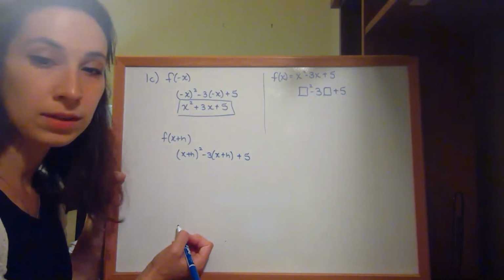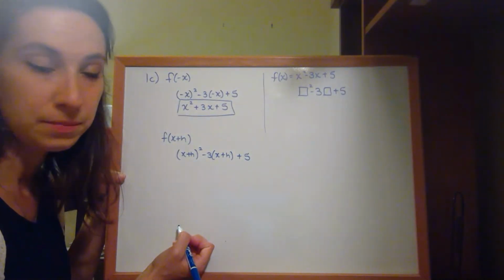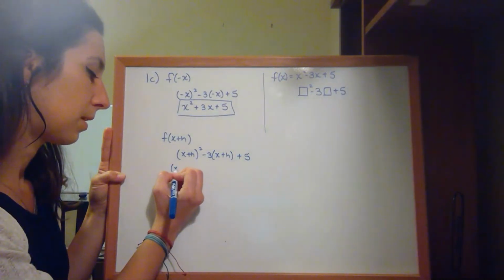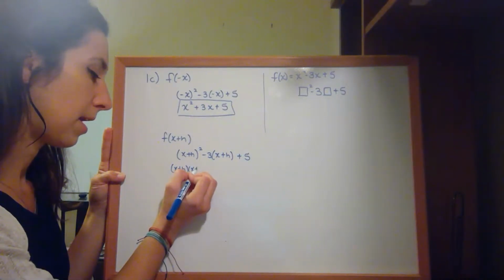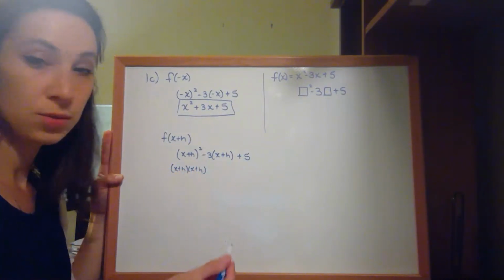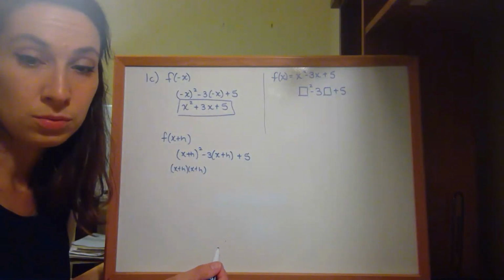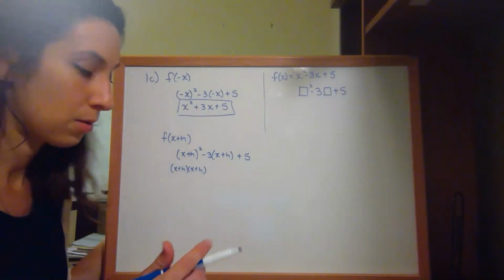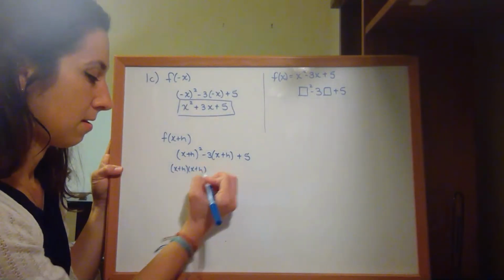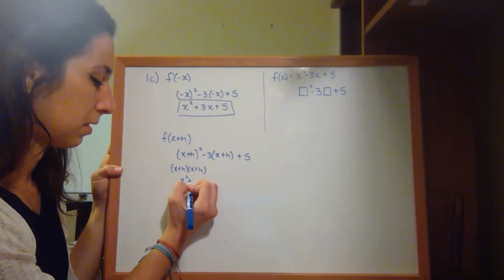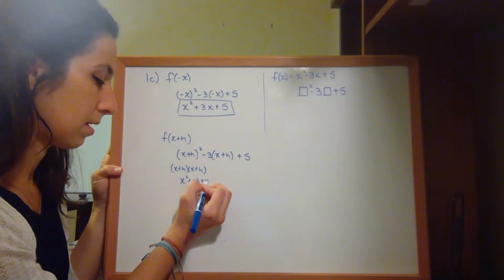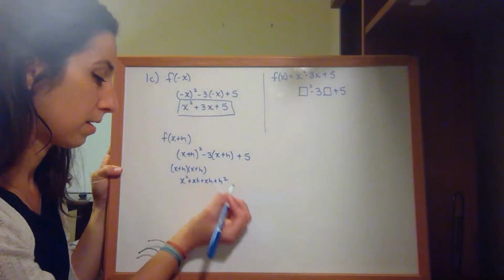And now you just have to be really careful with your expansion here. X plus h times x plus h, right? That's what x plus h squared means. So don't distribute that power. This is not a power thing. This is x squared plus xh plus another xh plus h squared.